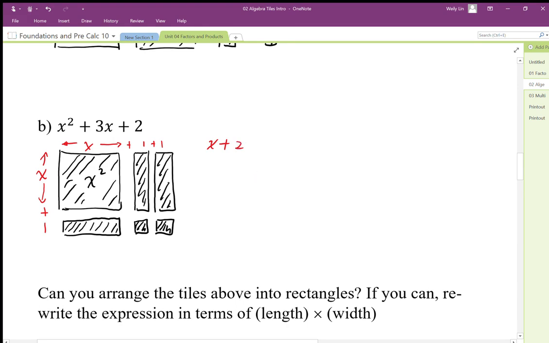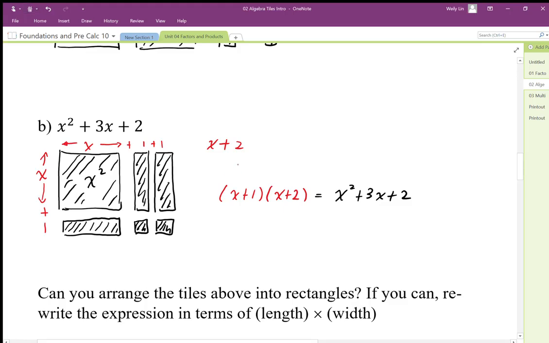If I were to write this as a multiplication, I could write it as x plus 1 times x plus 2. These are factors now because I've grouped them into brackets. That multiplication of length times width gives me an area of x squared plus 3x plus 2. So I'm just going to write this in.